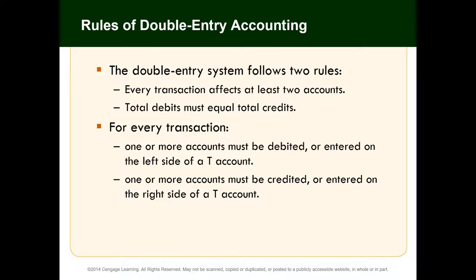Now, the rules of double entry accounting, like we said last time. The double entry system says every transaction has two sides, at least one debit and one credit, or two credits and one debit. So for every transaction you have to know what the two parts are.